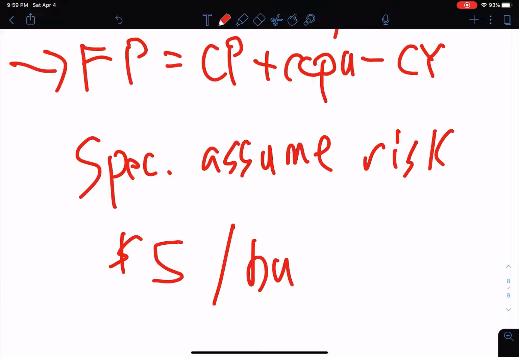I should probably say a future spot asset obligation.